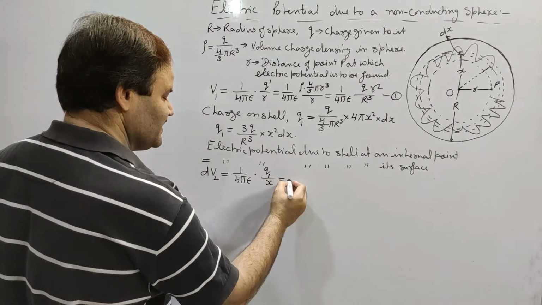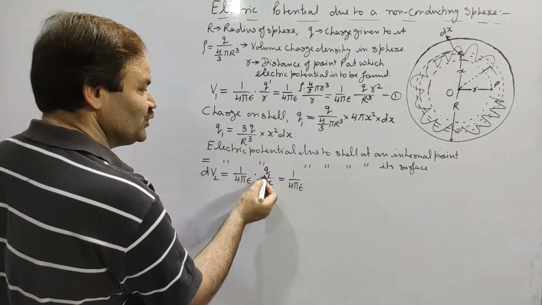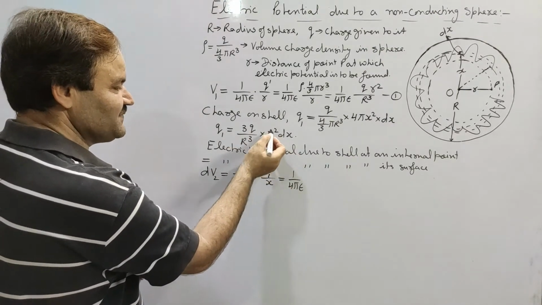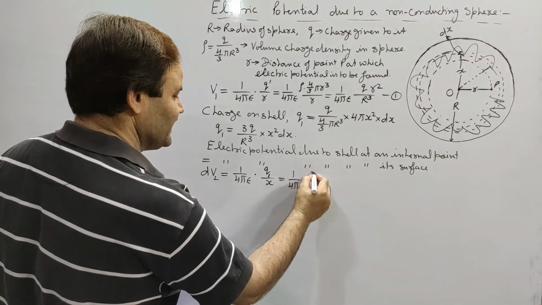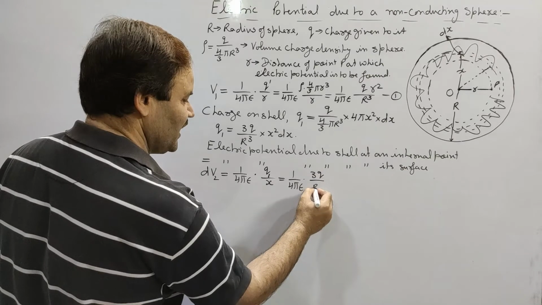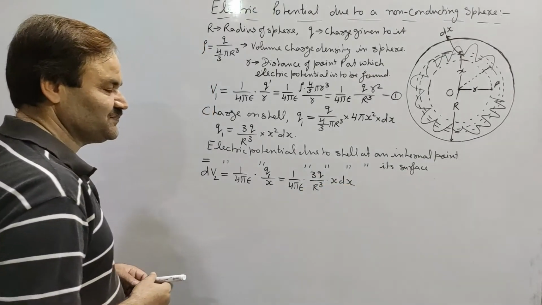This will give us 1 over 4 pi epsilon, and Q1 will be this one, x will get cancelled with x, so we will get 3Q upon R cube into x dx.